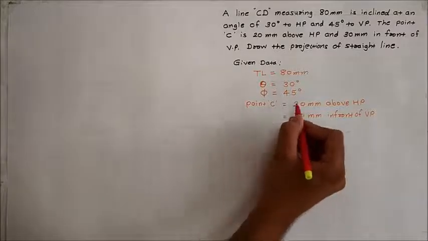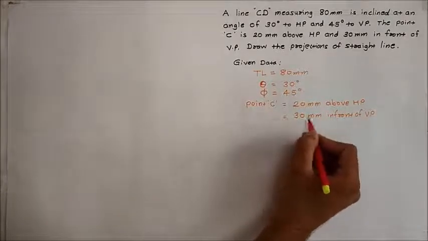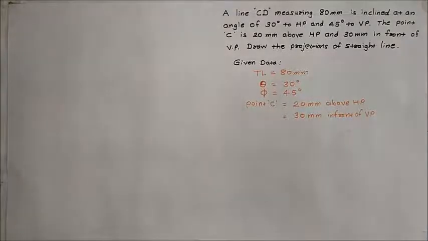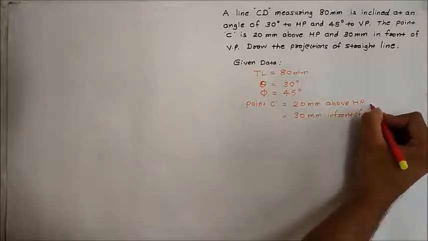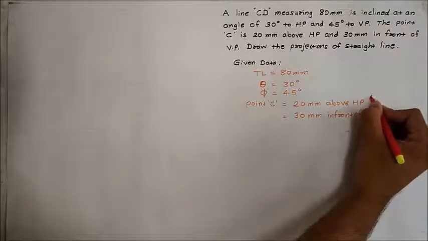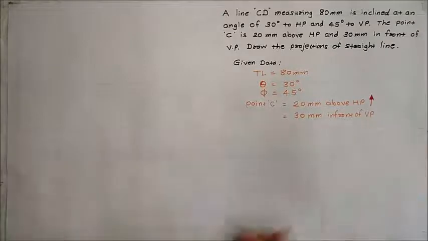Now the point C is 20 mm above HP and 30 mm in front of VP. The distance of point C from the horizontal plane is always visible on the vertical plane. So this 20 mm distance you have to draw above the XY line, and that's why I am showing a vertical arrow.